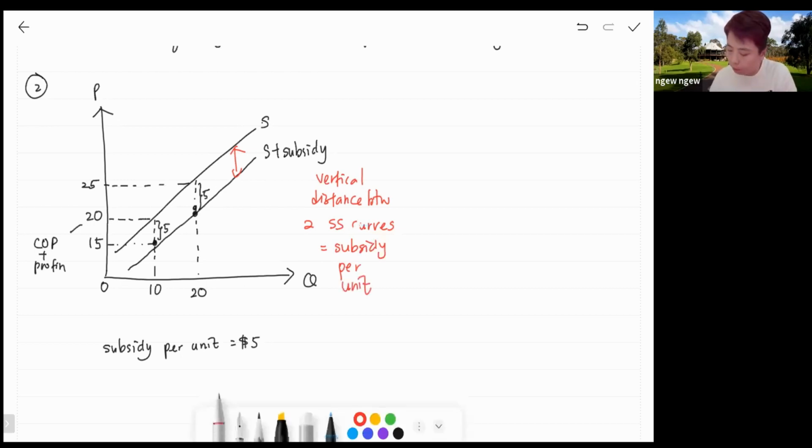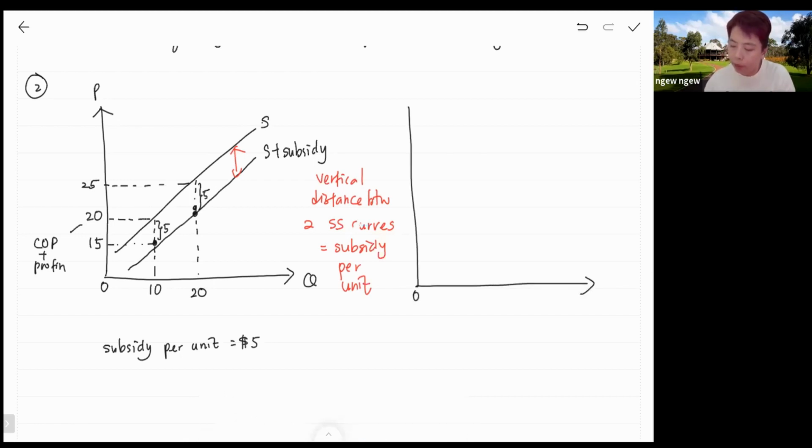Now let's look at another type of subsidy. Other than giving out subsidy per unit, government can also give out subsidy based on price. So let's say the subsidy is 10% of your price.